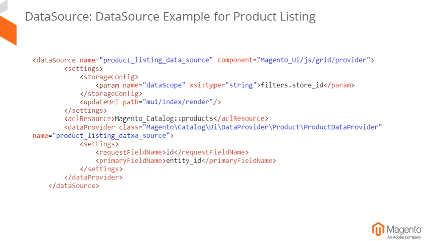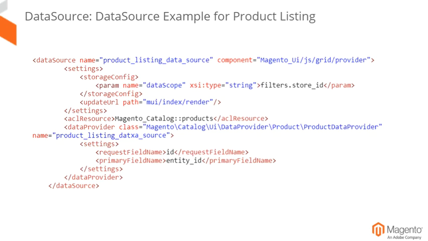This is an important naming convention as it is used in the code. The listing's name, product_listing, would have the data source name, product_listing_data_source. The component attribute of a data source node is a JS class that loads data itself.